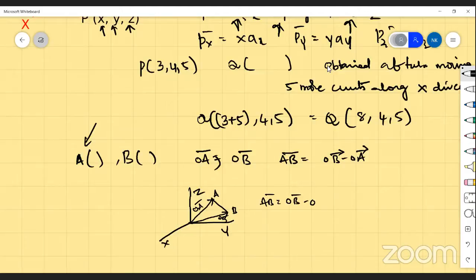AB bar is equal to OB bar minus OA bar. You separately study all those vectors, but this is the three-dimensional coordinate system along with vector analysis.